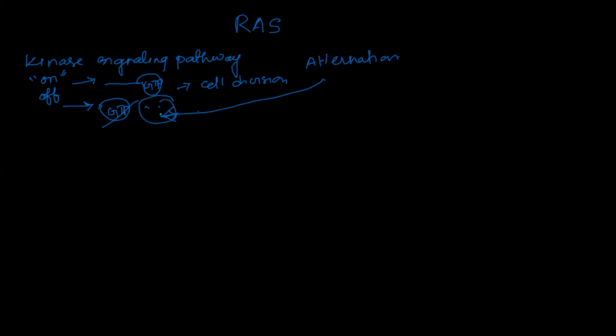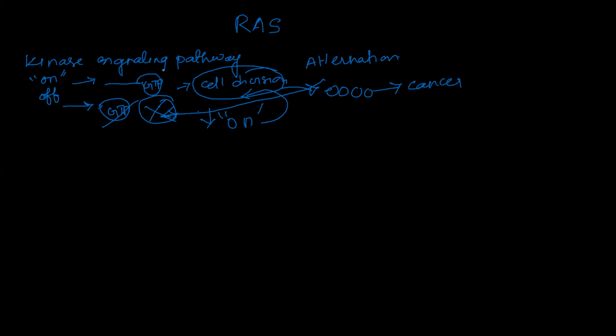When there is no breakdown of GTP, what will happen? It will be in a state called on. That means it is going to produce many cells, right? There is no death phase here, so more and more cells are produced, right? And it will lead to cancer.